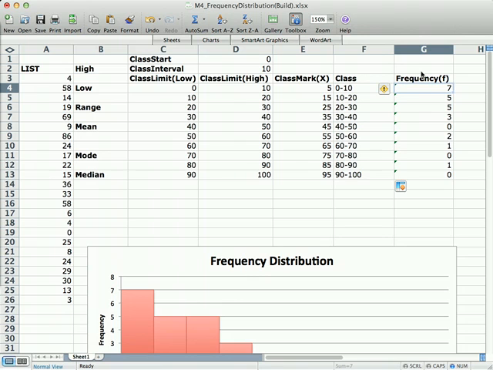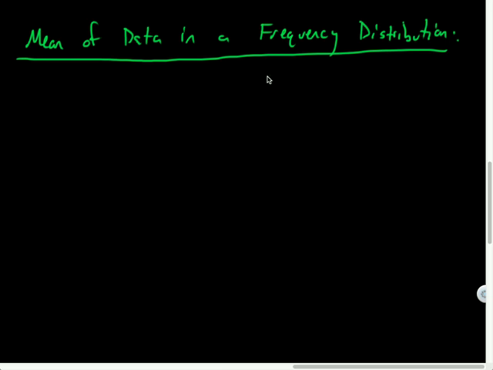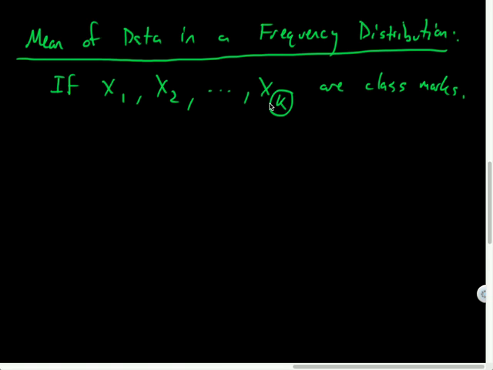So let's actually work on writing down a formula for this. So x bar, let's see, actually I might have to write some preliminary information. If x1, x2, these are capital X's, by the way, all the way through xk, are the class marks, all right, so k is not the number of values that I have in my list.